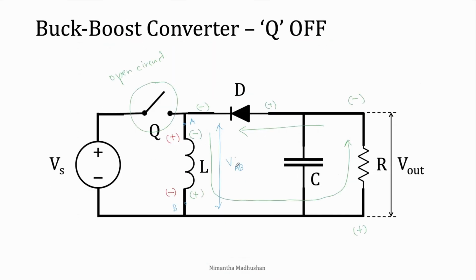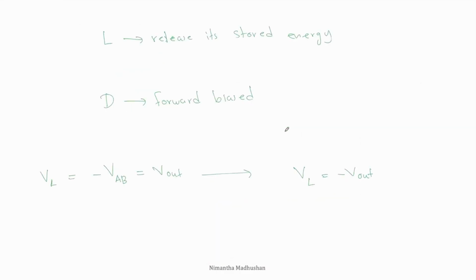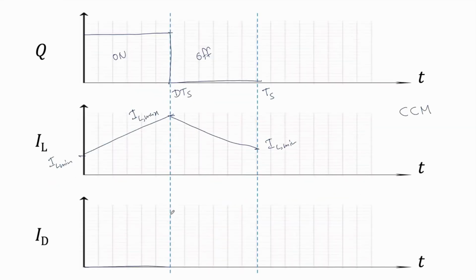During turn off time, the total current flowing through the inductor will go through the diode. Then we can draw a similar graph for the turn off period, this kind of graph.